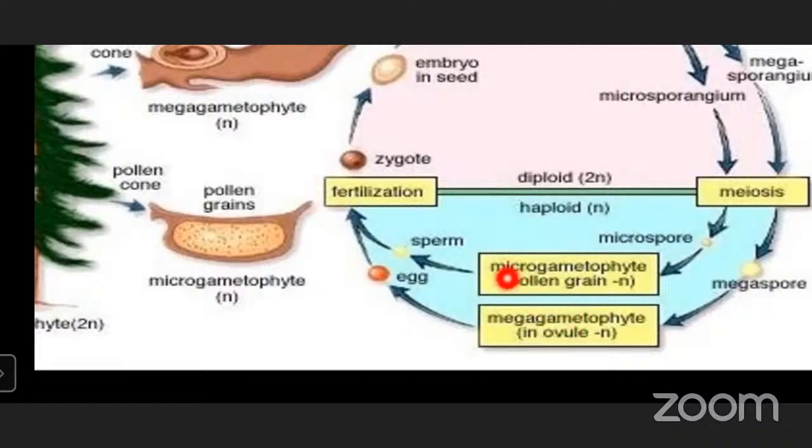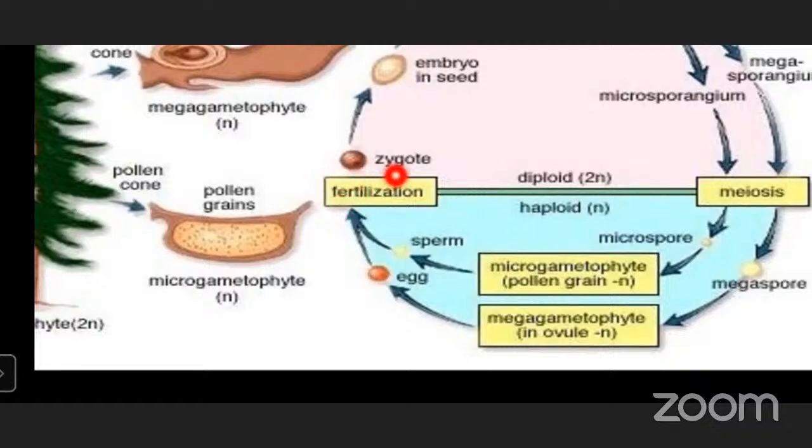The male gametophyte forms male gametes. The female gametophyte consists of the ovule. Inside the ovule, the egg cell is present. At the time of fertilization, the haploid male gamete fuses with the haploid female gamete, the haploid egg cell. This phenomenon is called fertilization.